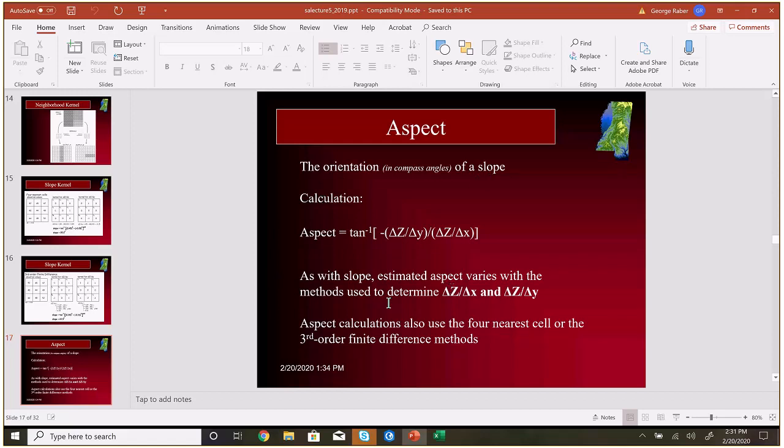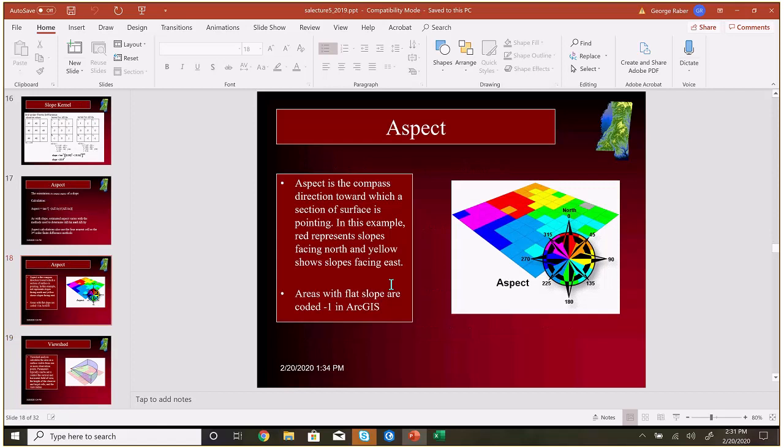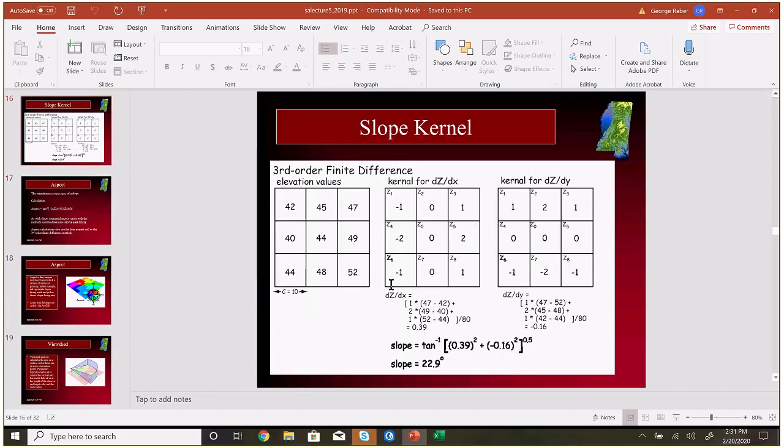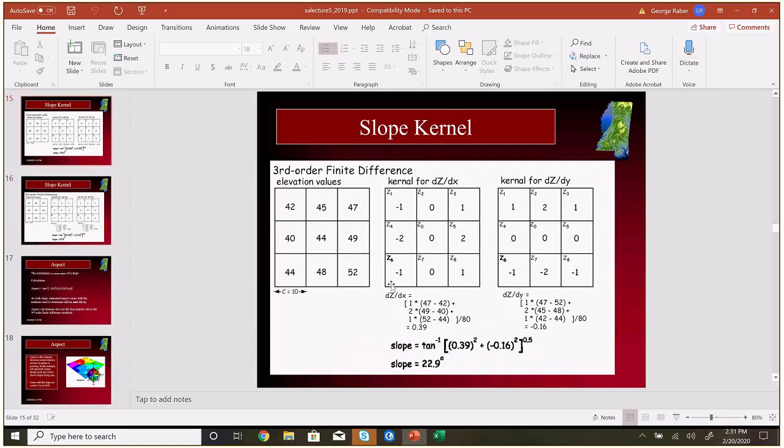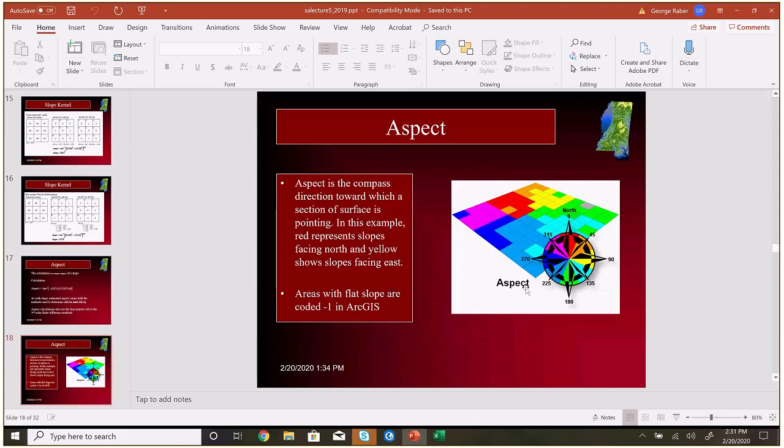So it looks at those differences, and it can either be third order finite difference, or it can be the 4 nearest cells. And the output of an aspect raster, I think we've done this in class already, is a number between 0 and 359, okay?